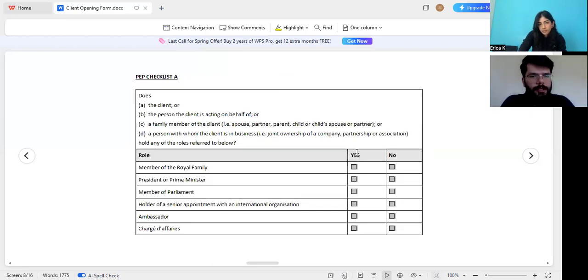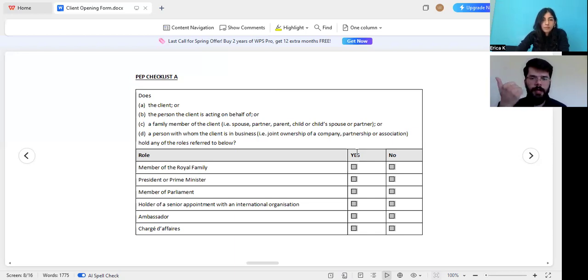Now, this is PEP checklist A. Does the client or the person the client is acting for or a family member of the client, spouse, partner, parent, child, child's spouse, or partner? So this is the family tree that you need to look for. Or a person with whom the client is in business, joint ownership of the company, partnership, or association, hold any of the roles referred to below.